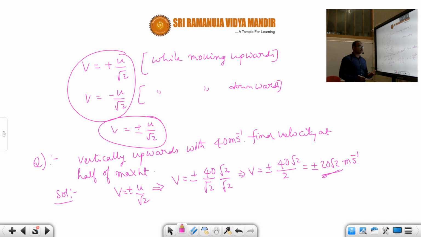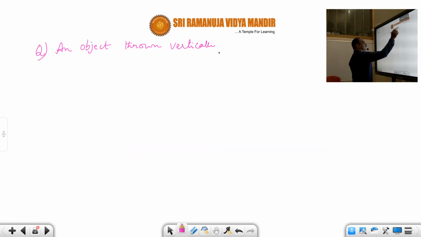So these are the standard equations we are deriving right now. One more equation also there, that I am going to tell you. That is also a very standard problem. An object thrown vertically upwards with a velocity u.